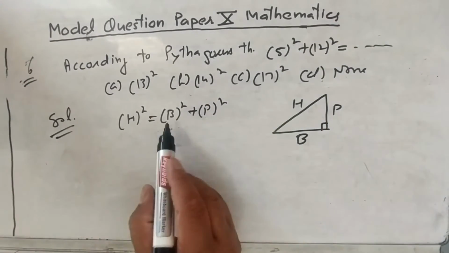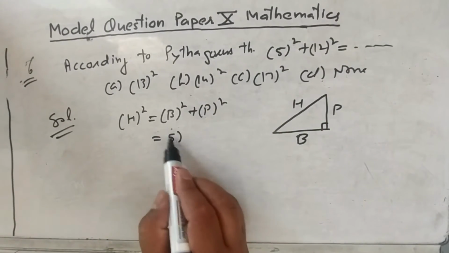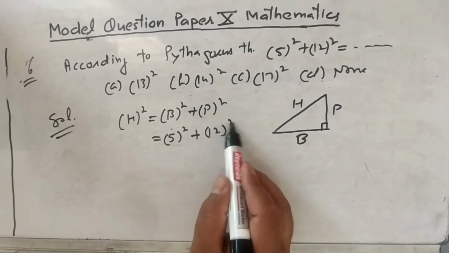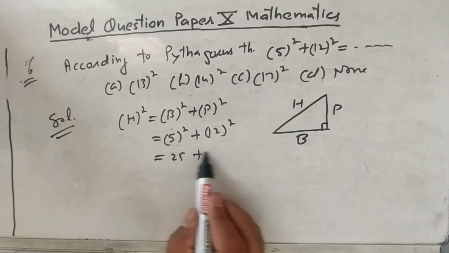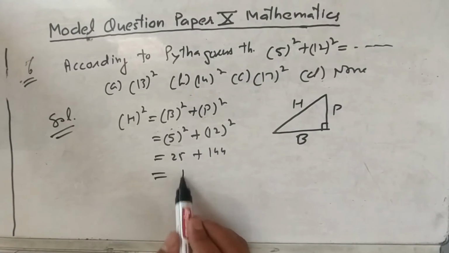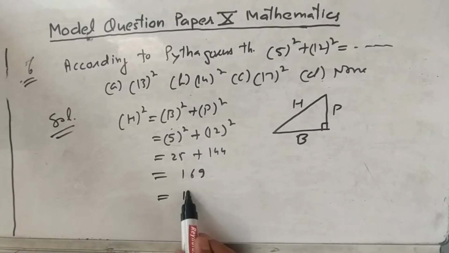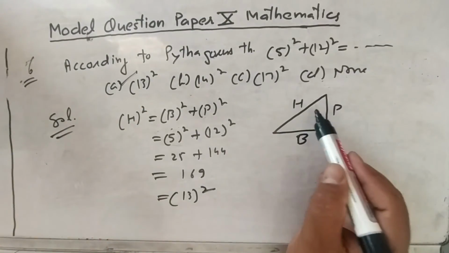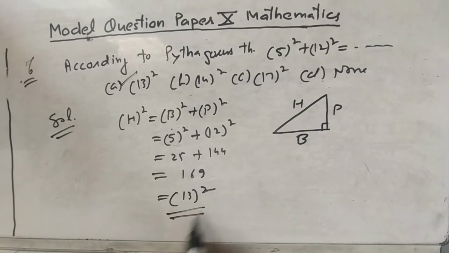So children, here you have 5 square plus 12 square. So automatically you get here 25, here you get 144, you get 169, and that is nothing but, children, 13 square. So answer to this part is A. Okay, this is your question number 6.